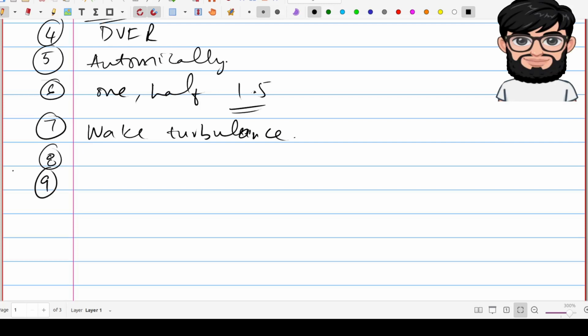Okay, what operational procedures should be followed when wake vortices are suspected to exist? If you are in close vicinity of big airplanes, what is the procedure?